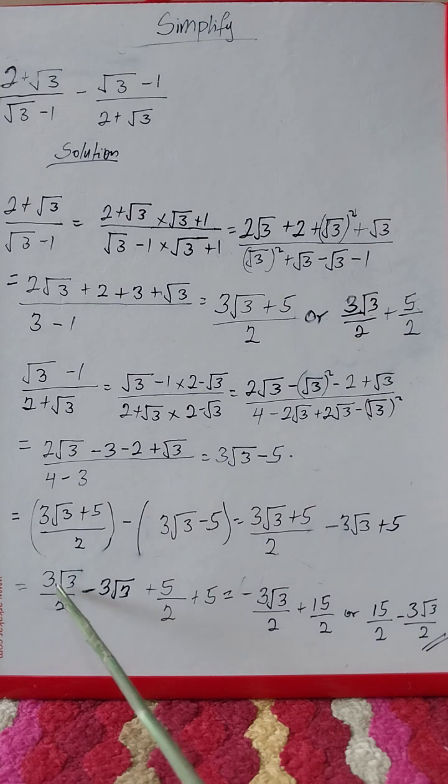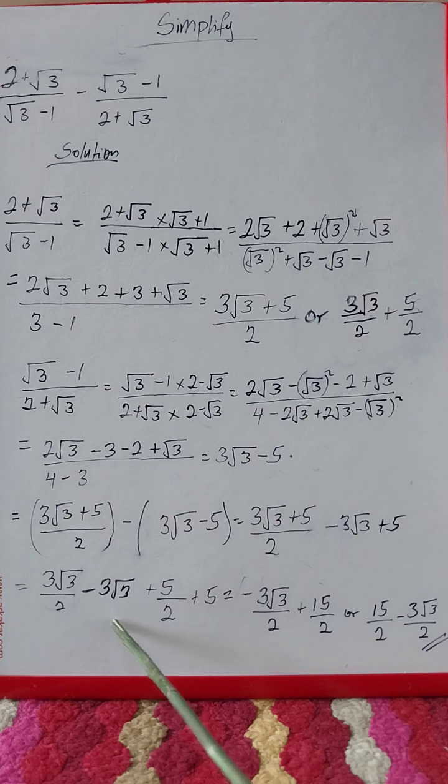So 3 root 3 over 2 minus 3 root 3. These are the like terms, so we subtract. This gives you 3 root 3 over 2 minus 3 root 3.